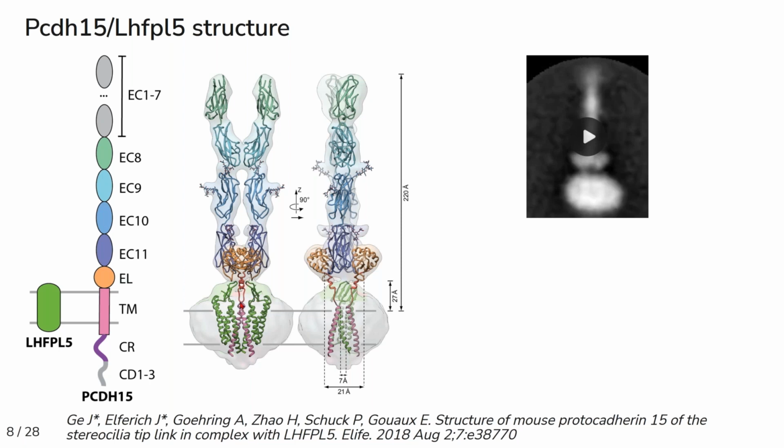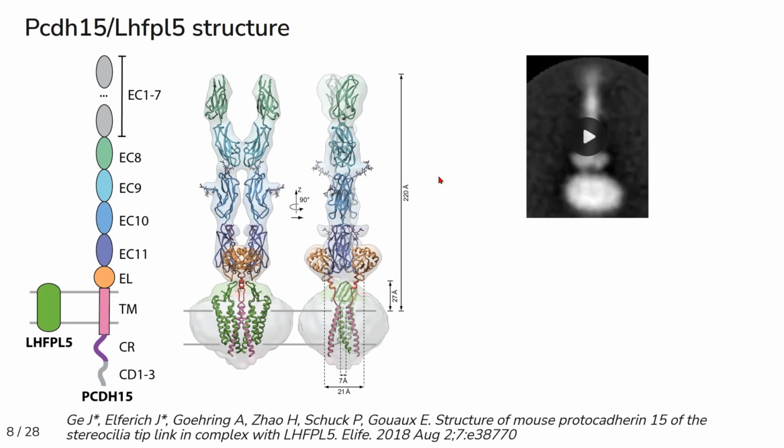And LHFPL5 also kind of organizes the 2 transmembrane helices of protocadherin 15. But of course, from this structure, it was not really clear how this would be coupled to a channel and how tension on it could open up a channel, even though we had some ideas.